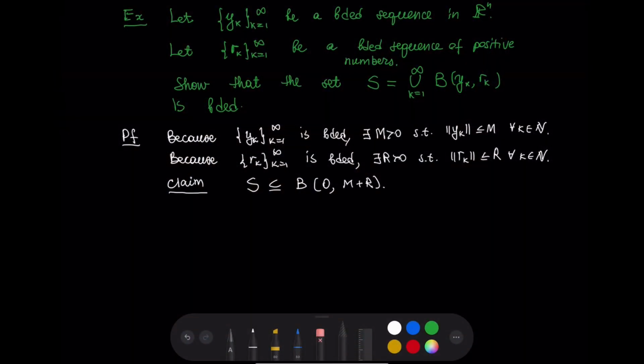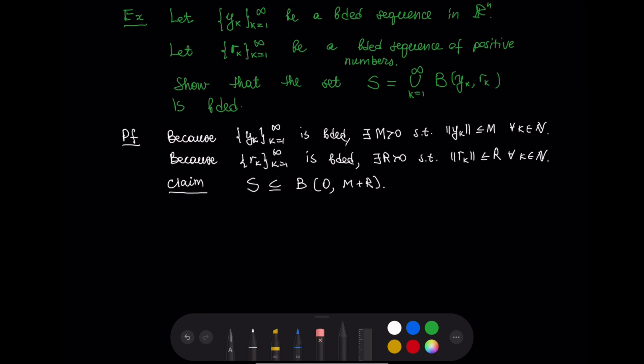So let us now get rid of the Scratch and write a clean proof of the statement that the set S is bounded. As we mentioned before, the sequence yk is bounded, so therefore there exists a positive number M such that the norm of yk is less than or equal to M for all k in N. And similarly for the sequence rk, there is a positive number R such that the norm of rk, which is, by the way, its absolute value, is less than or equal to R for all k.